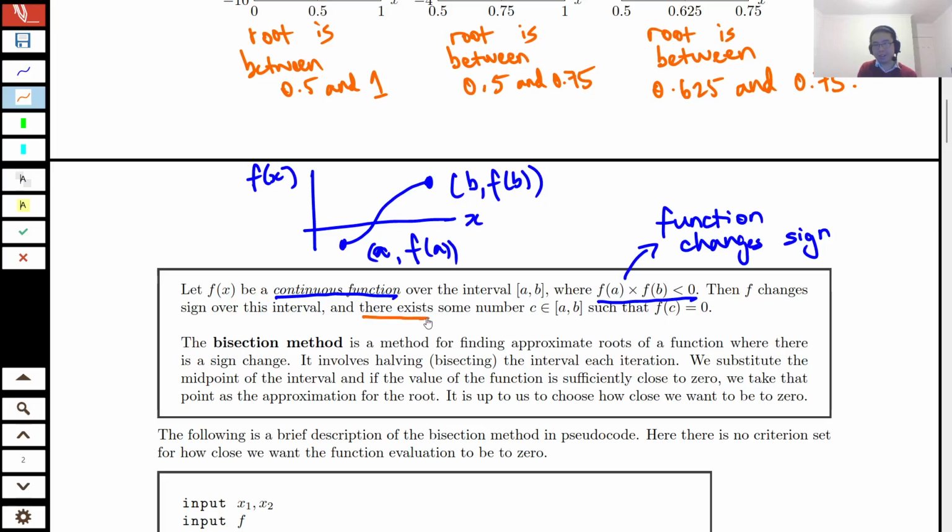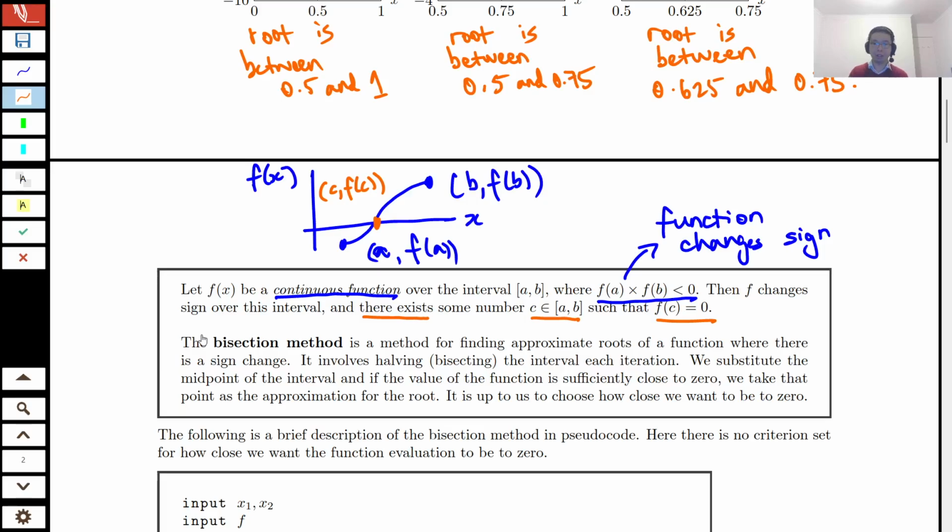There exists some number c in this interval such that the function is equal to 0. I don't know what that is, but I'm going to approximate it using the bisection method. So this first statement is like a theorem. It states that if the function changes sign, it must have passed through 0. And if it passes through 0, there must be a root.